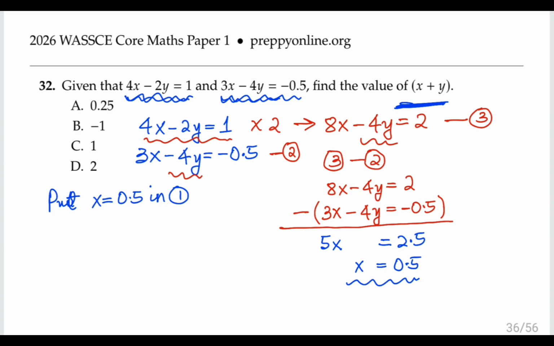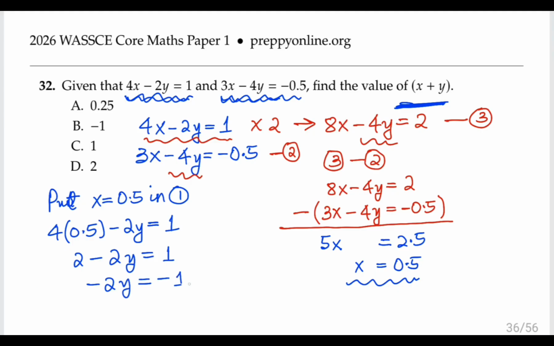When you do that, you get 4x, which is 4 times 0.5, minus 2y equals 1. 4 times 0.5, that's 2, minus 2y equals 1. So minus 2y equals 1 minus 2, which is minus 1.